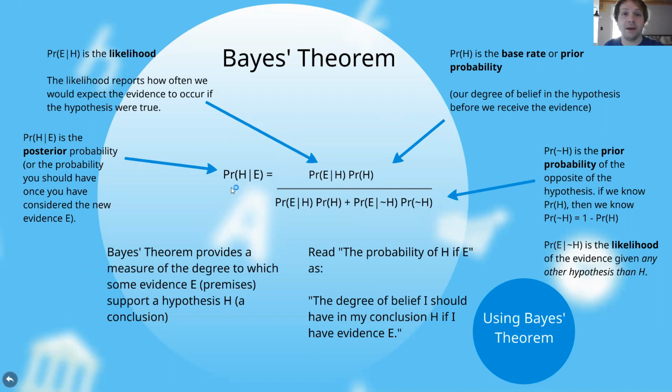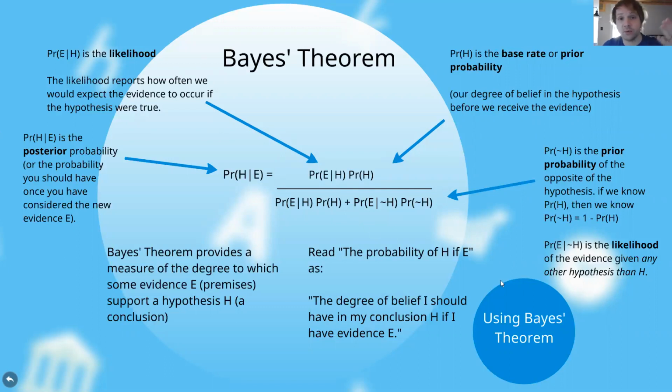And so when we're thinking about the relationship between premises and conclusions, what we're really doing is thinking about the relationship between evidence and a hypothesis, at least in terms of Bayes' theorem. So what this ratio allows us to do is capture the strength of an inductive argument by showing how likely it is that a hypothesis will be true on the basis of the evidence. And so this can be used to model inductive reasoning.